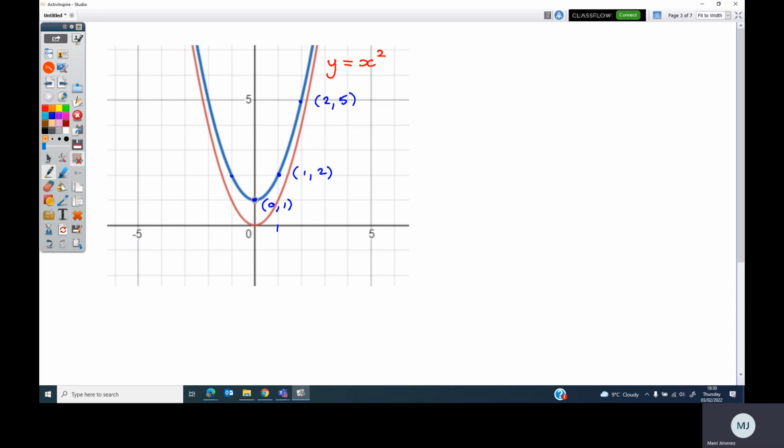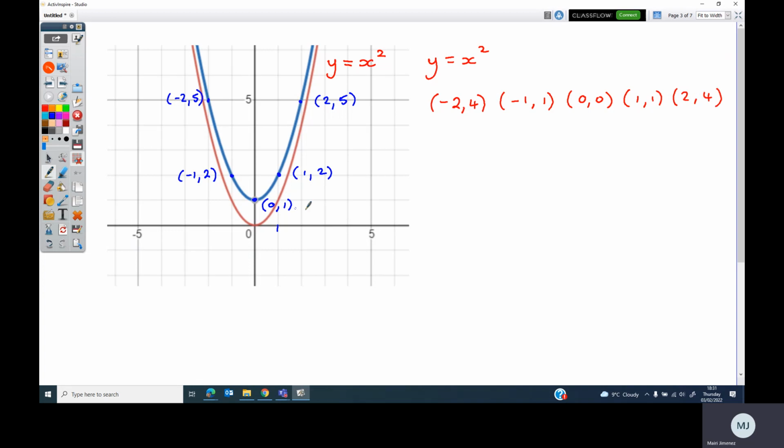Got some coordinates on the other side, -1, 2, and then -2, 5. So I'm going to write down some of the coordinates from y equals x squared that we had on the previous page. We had -2, 4, -1, 1, 0, 0, 1, 1, and 2, 4.